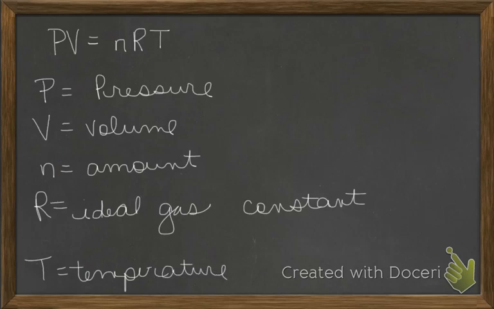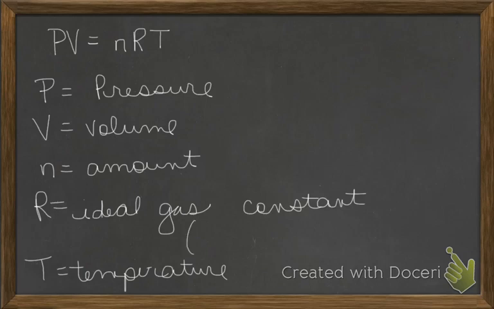But what's important to note about PV equals nRT is what kind of units you use for each of the variables. And the way I like to do it is to always work with the same units. The first thing I'm going to tell you is what the ideal gas constant is. Now, there are different numbers for the ideal gas constant, and they change depending on what units they have.